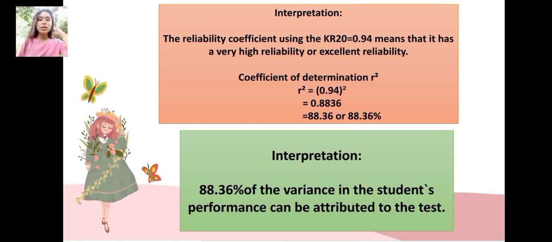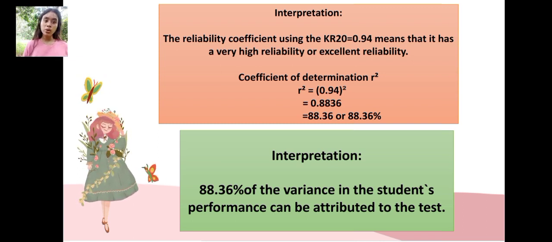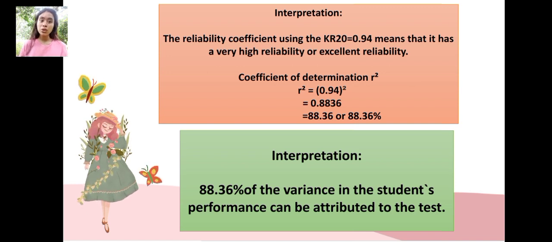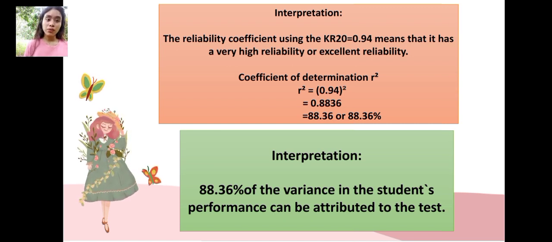So for the coefficient of determination, which could be emphasized as R squared, how to get it? Just simply, our KR20 is equal to 0.94. So the coefficient of determination is equal to 0.94 squared.